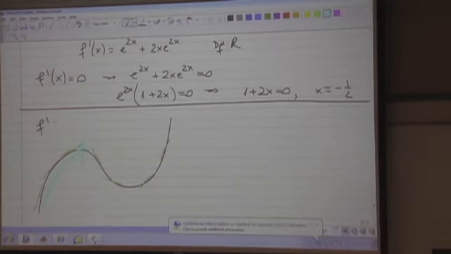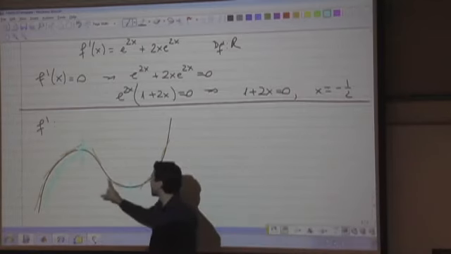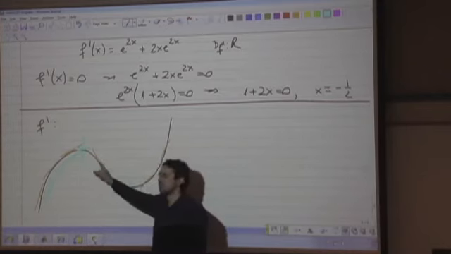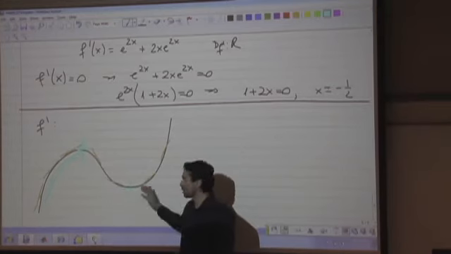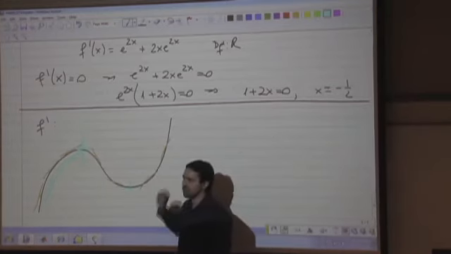If you look between the maximum and the minimum, you'll notice that your tangent lines have negative slopes, at which point we also observe that your function is decreasing. And then lastly, again, your slopes are positive, and we notice the function is increasing.